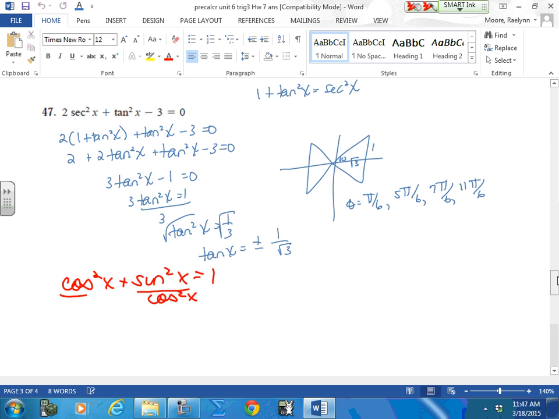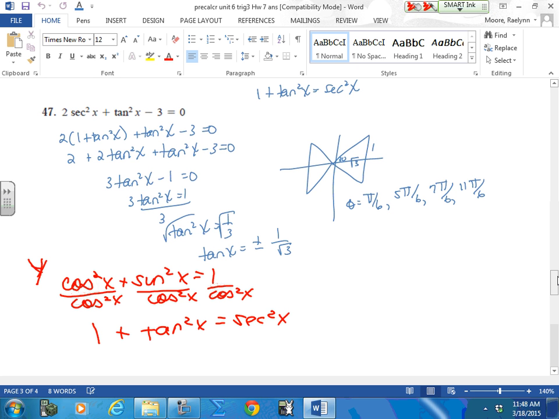If it's an equation, I got to divide all of them by cosine squared. The only one you have to remember is this major one. Everything else we can derive ourselves. So cosine over cosine gives me 1. Sine over cosine gives me tangent, and it's a square. And the reciprocal for the cosine is secant.